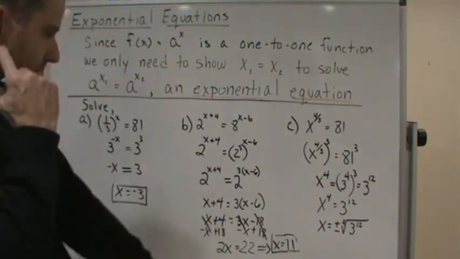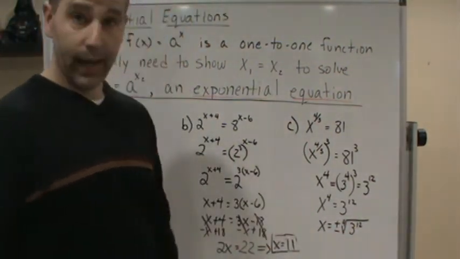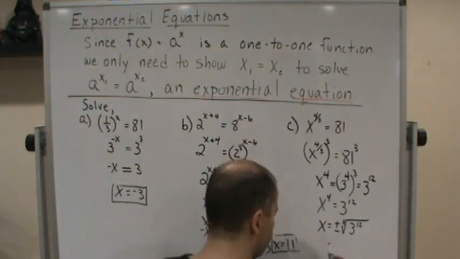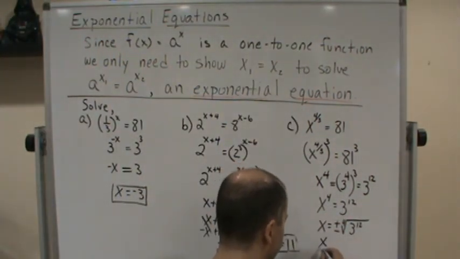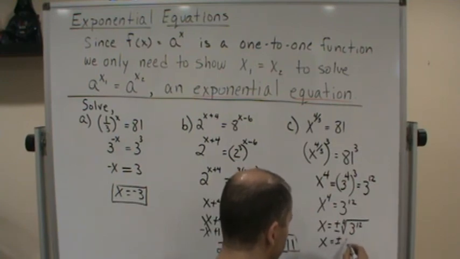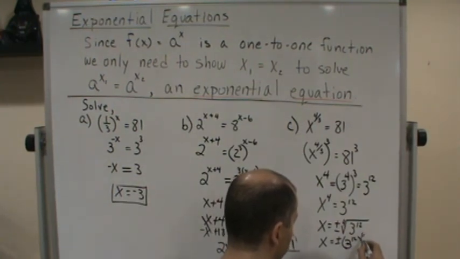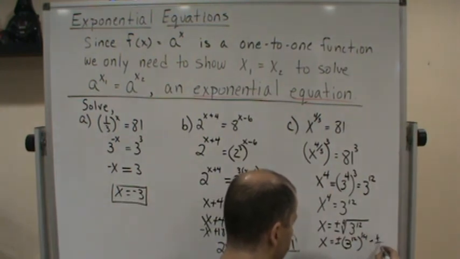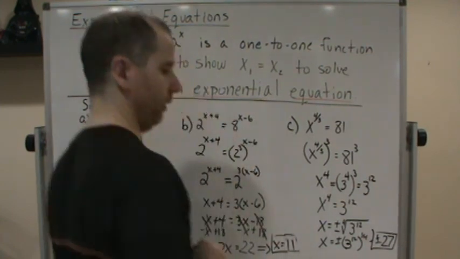Here I can rewrite this as a rational exponent: x equals plus or minus 3 to the 12th power to the 1/4 power. This becomes 12 divided by 4, which gives me plus or minus 3 to the 3rd, which again gives me plus or minus 27.